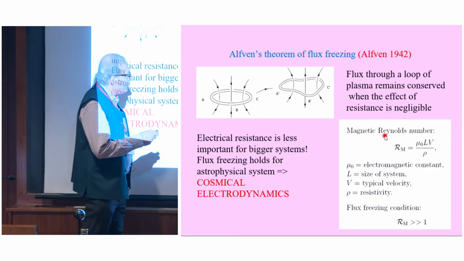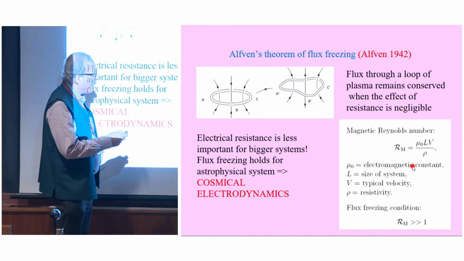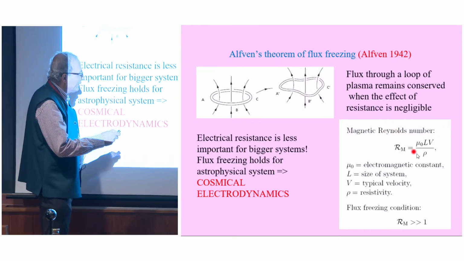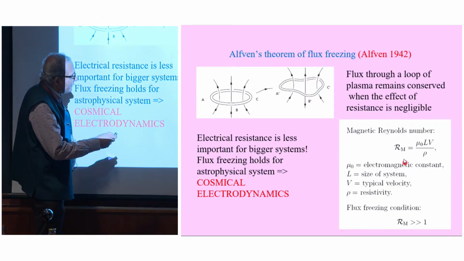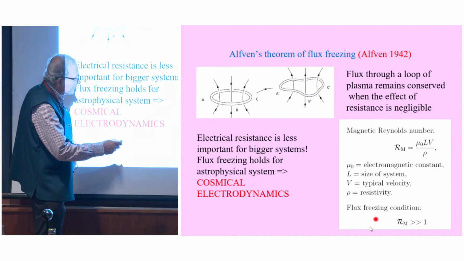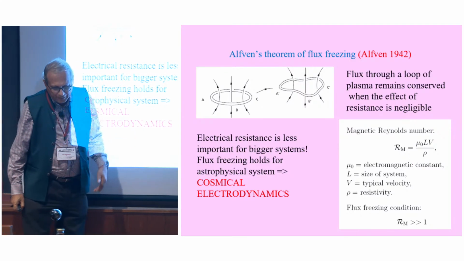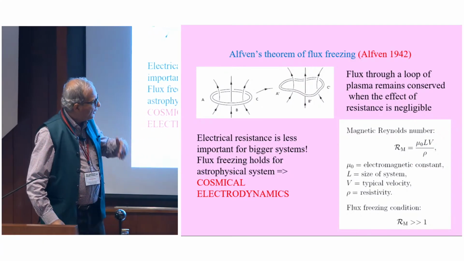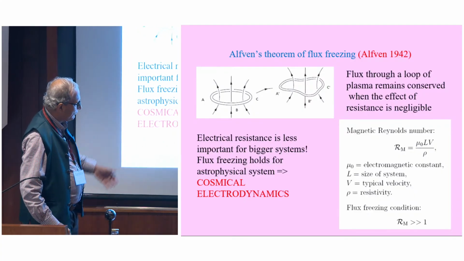In this field, one can define an important dimensionless number known as the magnetic Reynolds number. Again, in the afternoon, I shall discuss how this arises. You see that in the definition of this magnetic Reynolds number, the resistivity rho appears at the bottom. So when resistivity is low, the magnetic Reynolds number is larger.